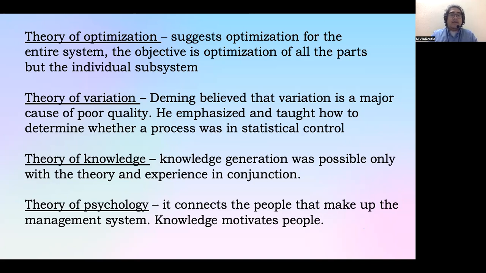So sabi ni Deming, sa theory of variation, mas maganda kung pinagsama yung magagandang ideya para mas gumanda yung quality. Sa theory of knowledge naman, knowledge generation was possible only with the theory and experience in conjunction. Sabi dun sa nabasa ko, knowledge generation.